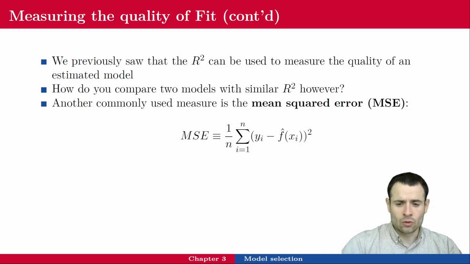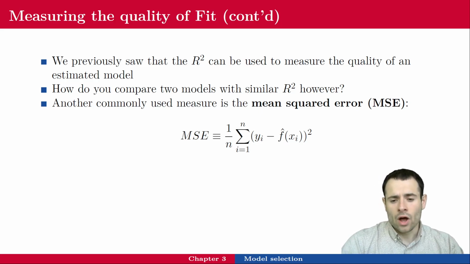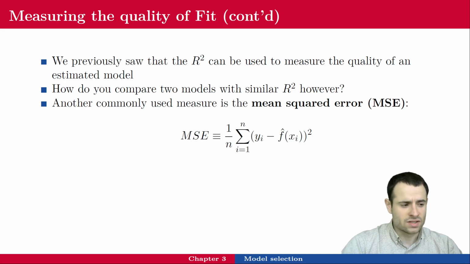So we take the square to make it a distance, and then we average those distances over all the different predictions that we are having. So if our sample size is made of 100 observations, we're going to have 100 predictions. And so the MSE will be the average over 100 different distances.